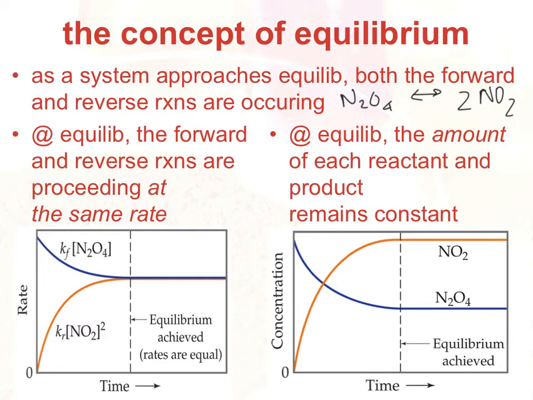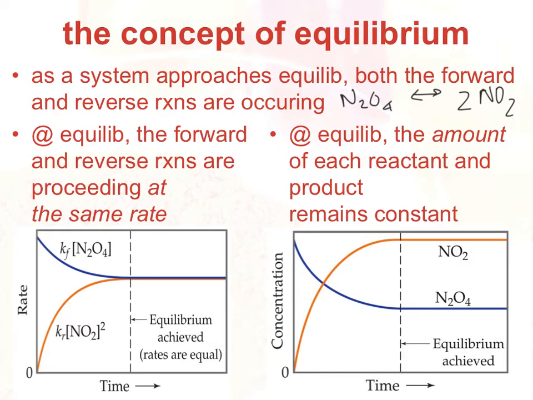Now at this point, we need to look at what's actually happening with respect to the concentration of both reactants and products. At equilibrium, the amount of reactants and products remains constant. The exchange occurring back and forth happens in a way in which the total concentration of product and the total concentration of reactant remain constant.